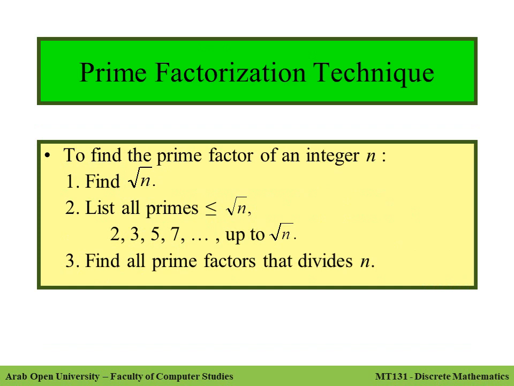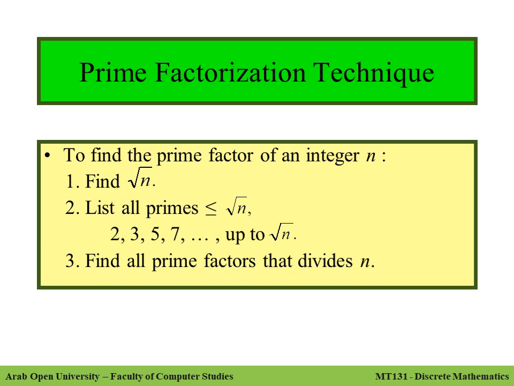But here are the factors based on the theorem. To find the prime factors for an integer, first find the square root of n, then list all the primes up to the square root of n, and then find all the primes that divide n. What we do is we try them in order, starting from 2, then 3, and 5.